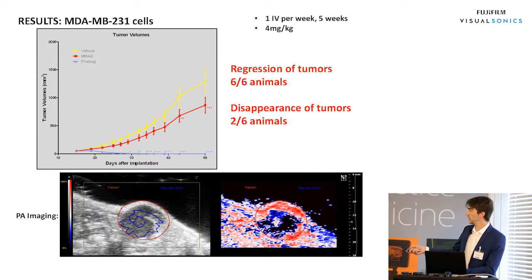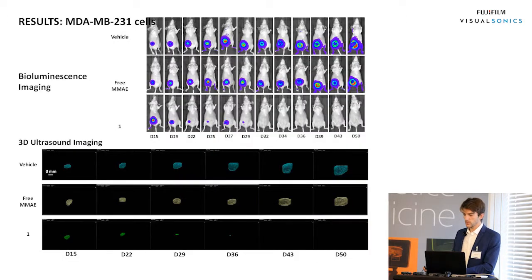And also in this model, we were able to characterize the hypoxic status of this tumor before treating these tumors. You can see here also the bioluminescence imaging with a decrease in bioluminescence signal according to the decrease of tumor volumes, and also disturbances due to appearance of hypoxia and necrosis on these mice.